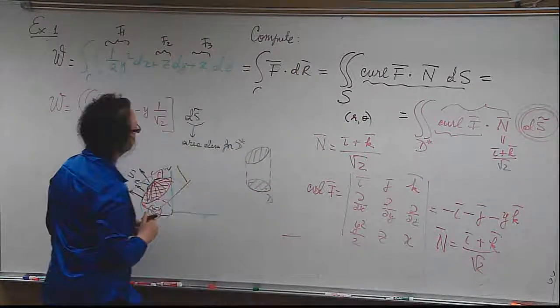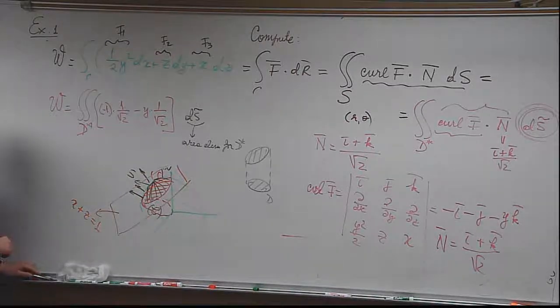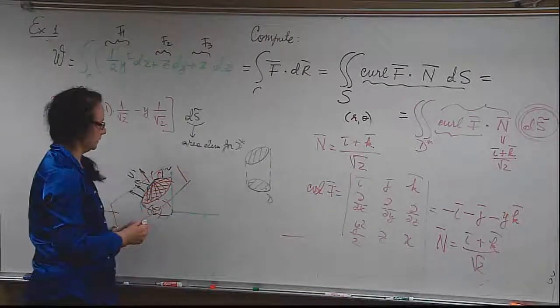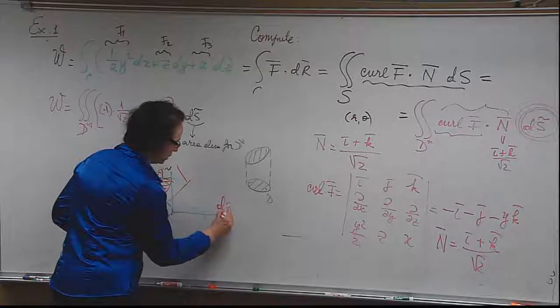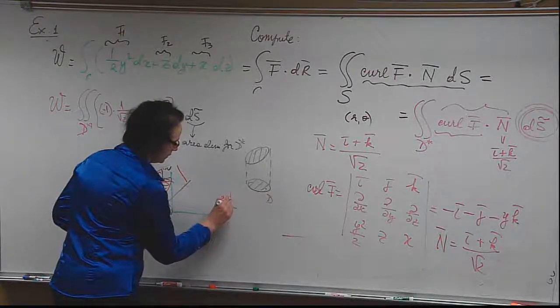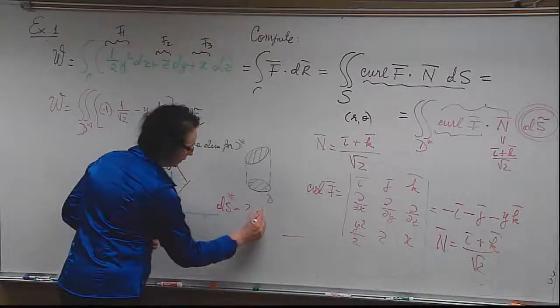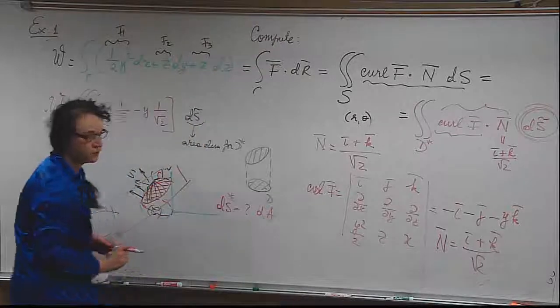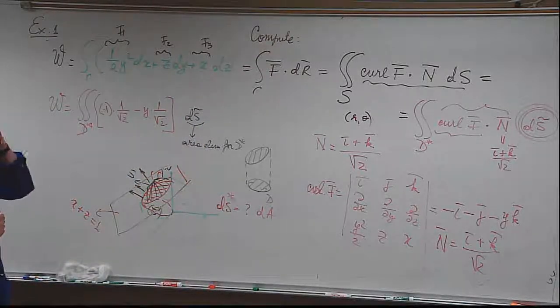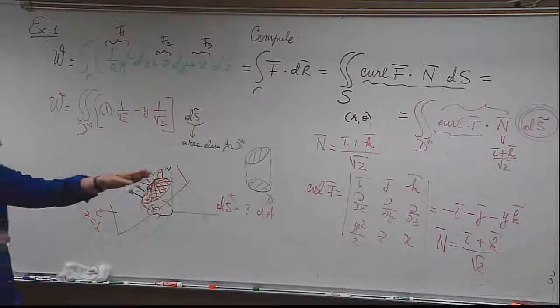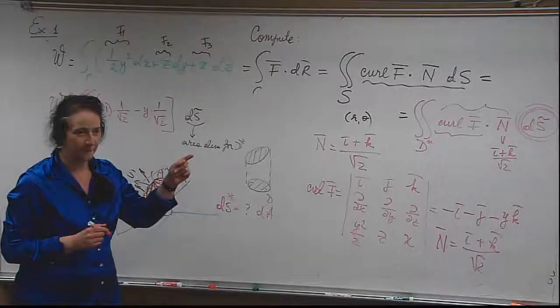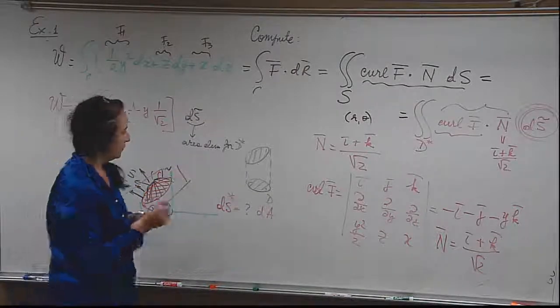D is a projection. So, who reminds me how we did it? dS star was what times dA? This is the surface area. And if you have a surface that's nice, areas are.